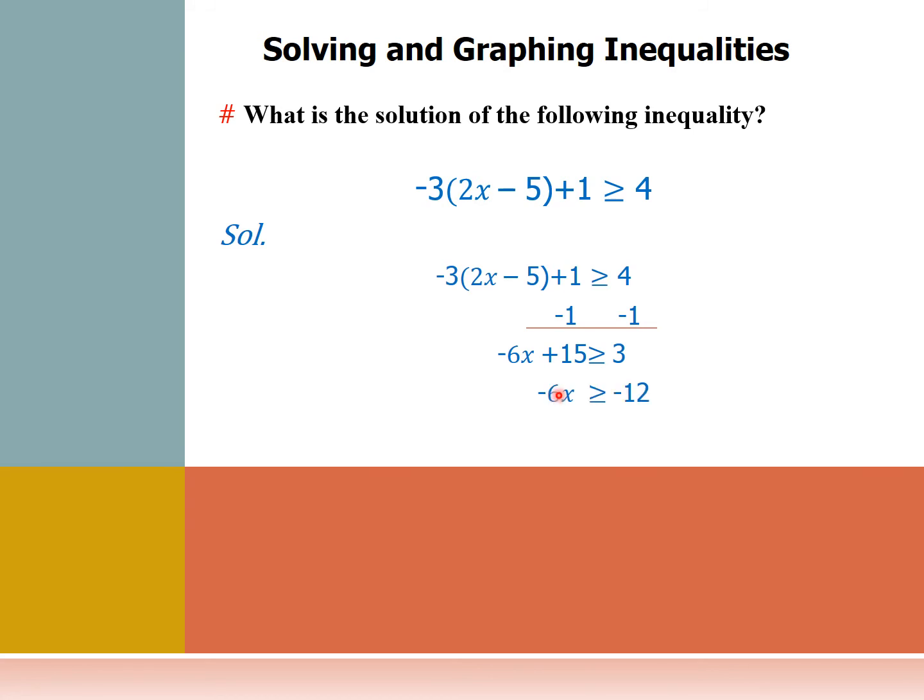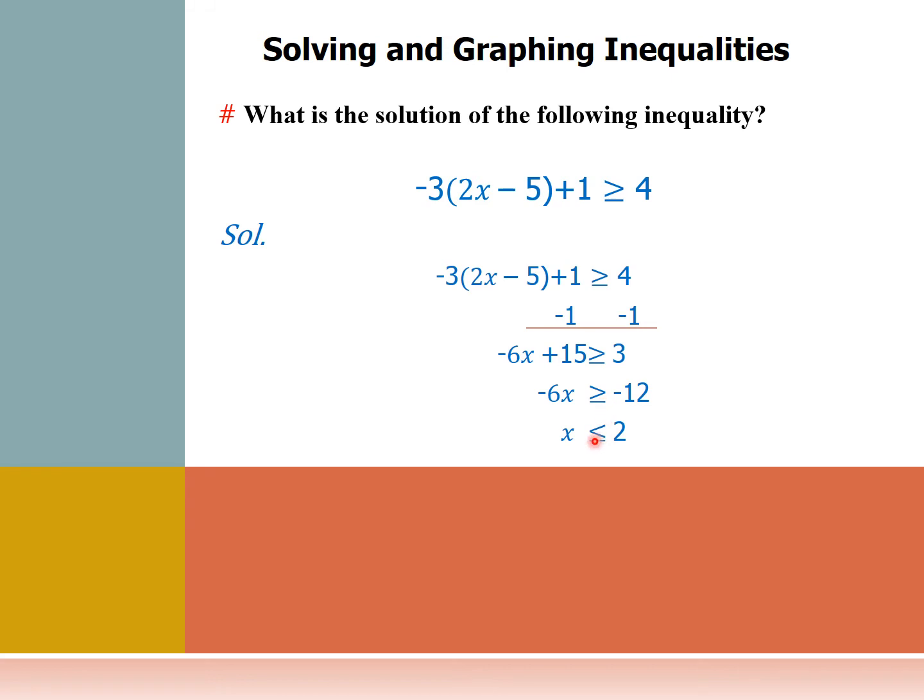Now we have to remove 15 from this part. If you subtract 15, we get 0, so we have negative 6x alone, and 3 minus 15 is negative 12. Now divide both sides by negative 6. Remember that because I divided by a negative, we should change the sign from greater than to less than.